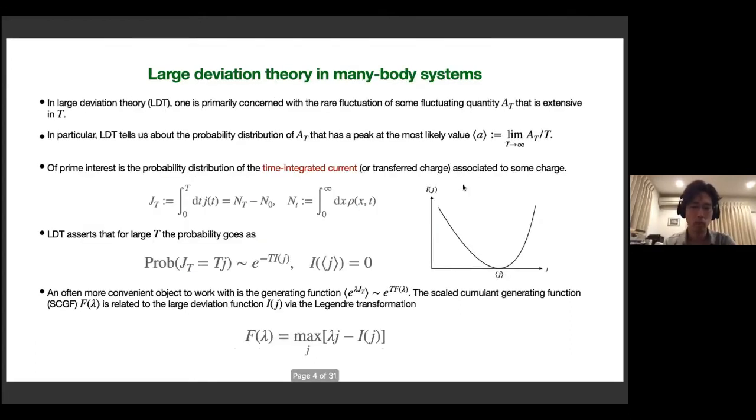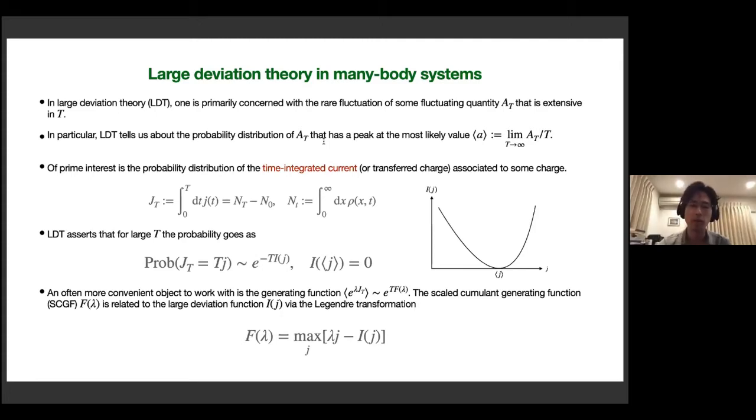Okay, so maybe this is not really necessary, but anyway, I made this slide. So let me just remind you of the basics of large deviation theory. Large deviation theory, at least in classical cases, is primarily concerned with the rare fluctuation of some fluctuating quantity, A_T, that is extensive in T. I mean, this parameter could be whatever you like, but generally it's time, in the context of transport.